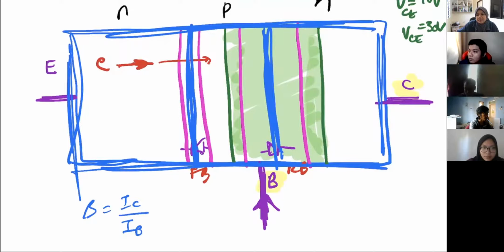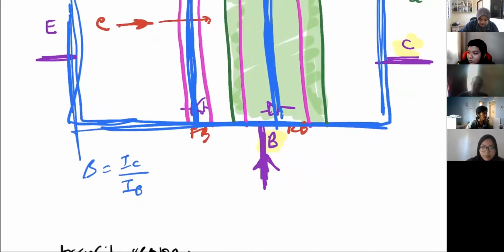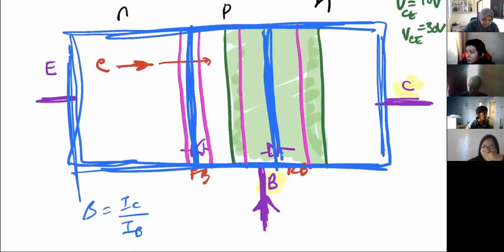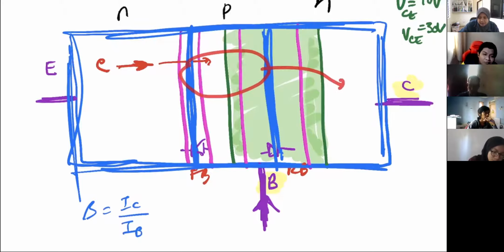The transit region is in the base, whereby dia panggil transit region because the electrons are travelling and transit in the base before being collected by the collector.